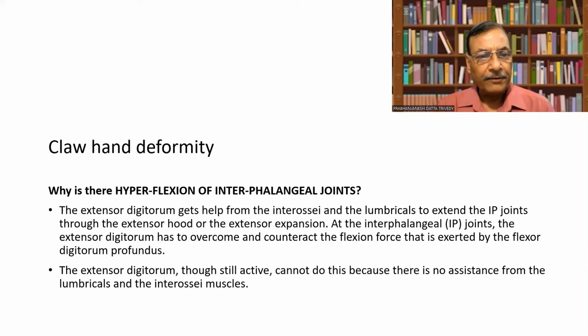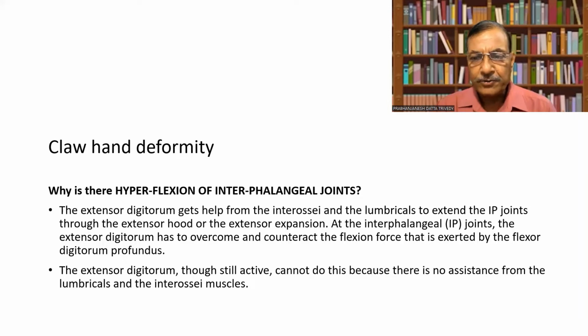Why is there flexion of the interphalangeal joints? The extensor digitorum gets help from the interossei and the lumbricals to extend the interphalangeal joints through the extensor hood, also called the extensor expansion.